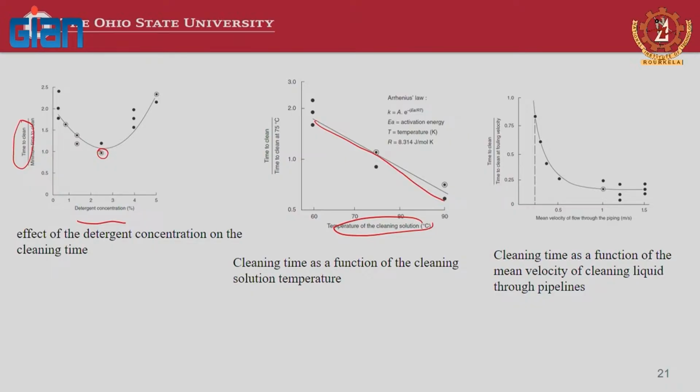The next one is, let us say you are pumping your cleaning solution through a pipe. At what velocity do you have to pump through the system? You can see here it is much more effective up to a certain velocity, then a further increase in velocity does not help much, so it remains about the same. Initially, when you flow very slowly through the pipe, the cleaning may not take place effectively. If you increase the speed above a certain speed, it becomes much more effective.